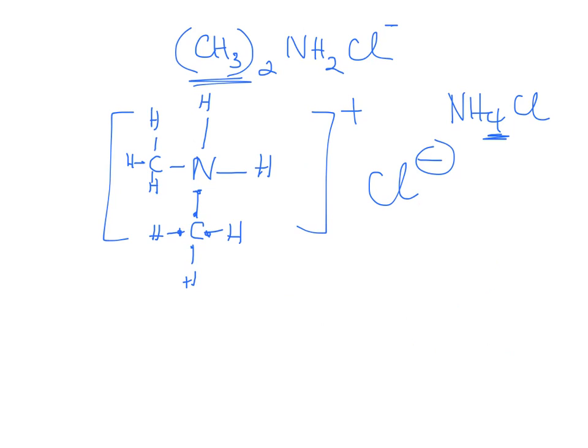Likewise, when you consider the nitrogen in the middle, you have 5 electrons that are coming from nitrogen, and it's sharing 2 from the carbon and 1 from the hydrogen.